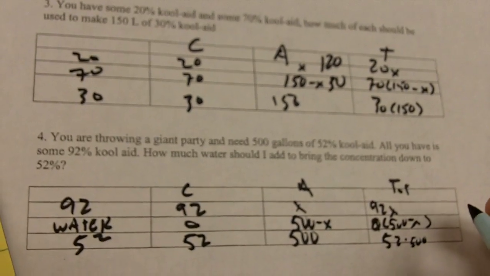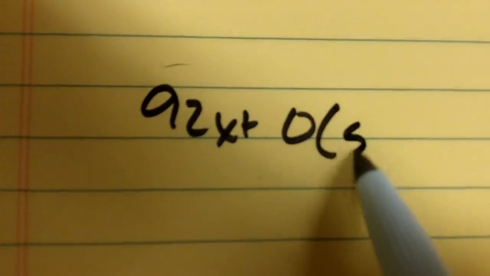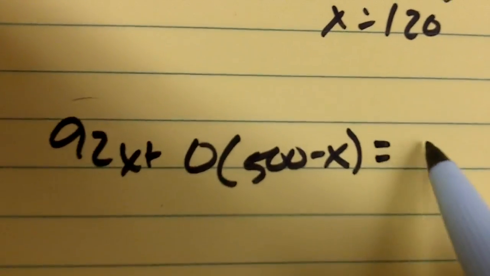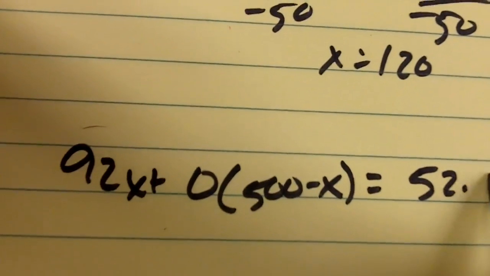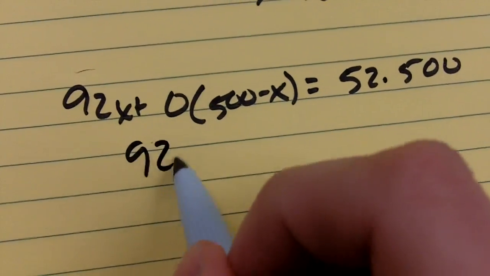All right, we're going to go ahead and solve this thing now. I've got 92x, this is just from their worksheet, plus 0 times 500 minus x. If you're not sure where I'm getting the numbers from, just make sure you go back and look at the work we just did. It's right there, 52 times 500. 0 times anything is 0. So all I have on this side is 92x.